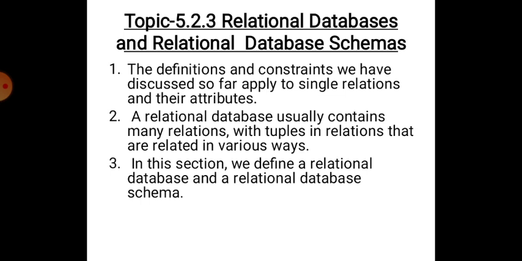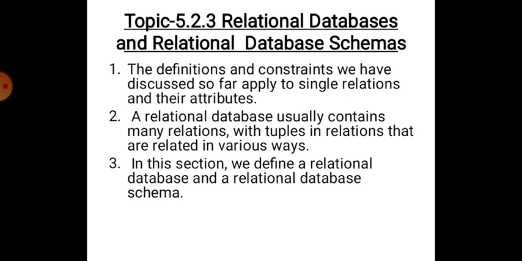Point number 1. The definitions and constraints we have discussed so far apply to single relations and their attributes. A relational database usually contains many relations, with tuples in relations that are related in various ways.